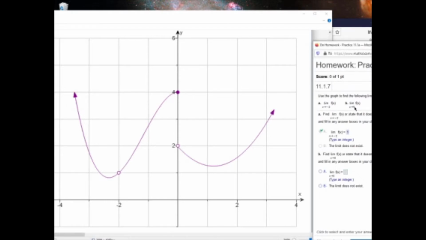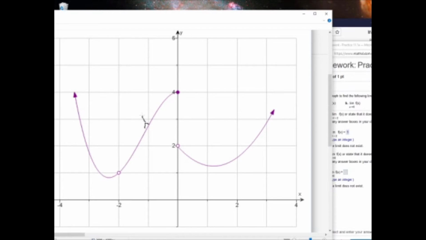As x goes to 0, so 0 here right on the axis. Now again, try to imagine two little people just walking along the function. Now remember, they're walking towards 0.